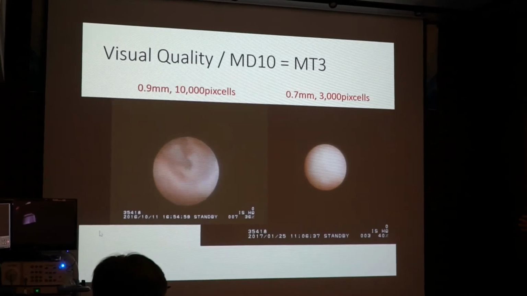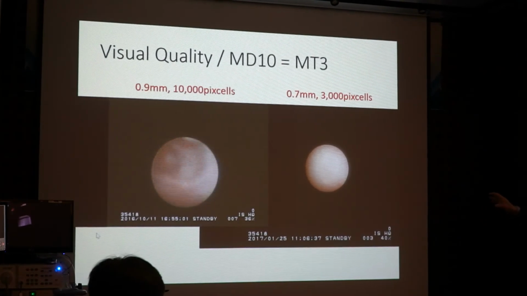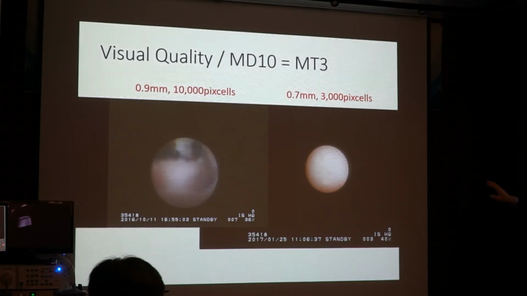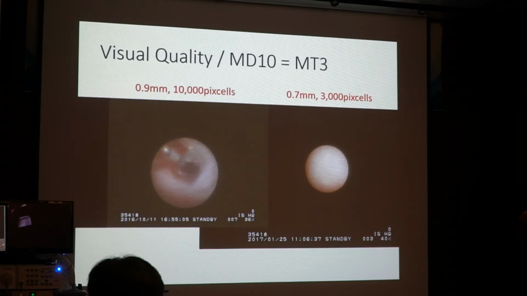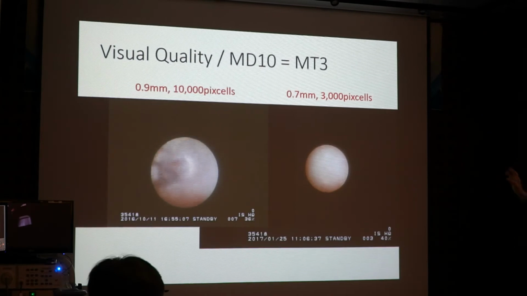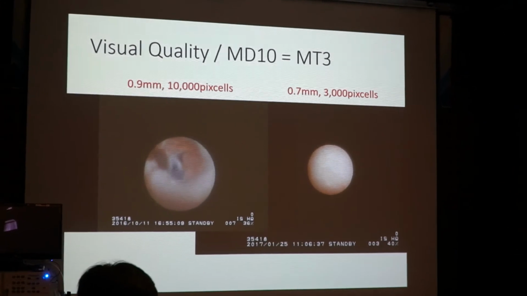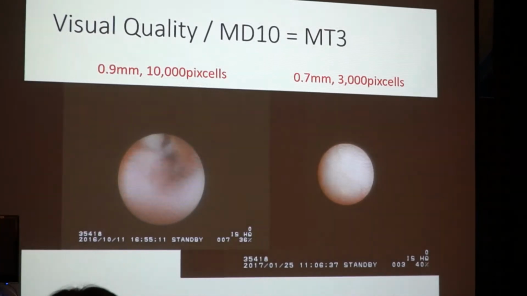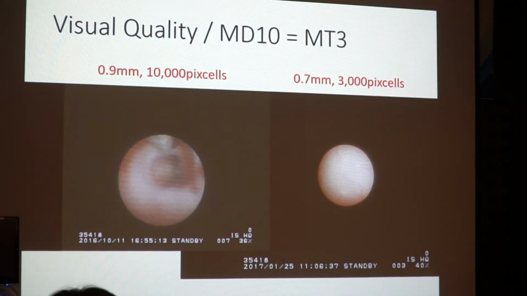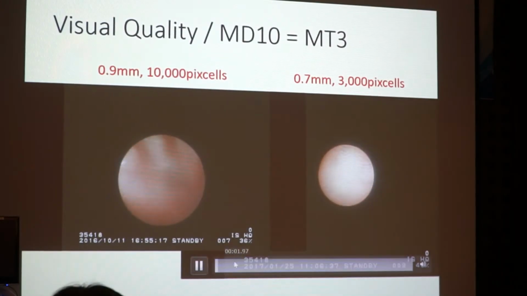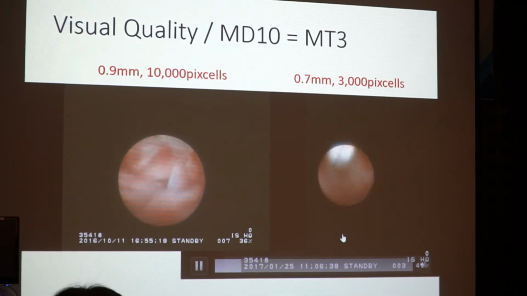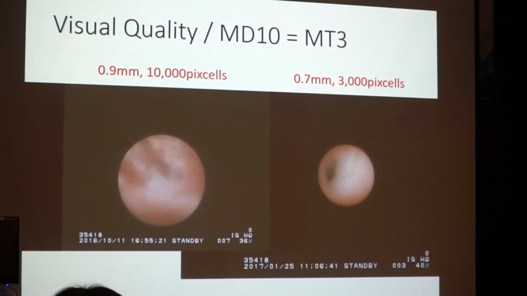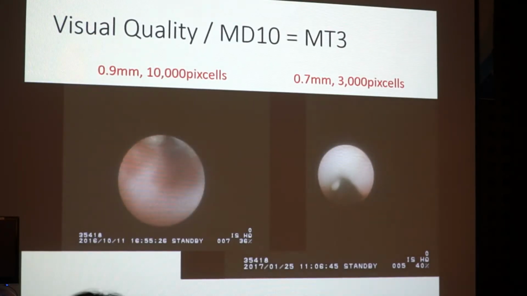This is SEP. What I'm doing is SEP. I'm dissecting the fibrous tissue around the lacrimal stent to make the lumen wider. The bigger, the better. So make it wide until I can see the slit sign. And on the right side, this is after removing the stent, I examine this case using MT3. Not so different.